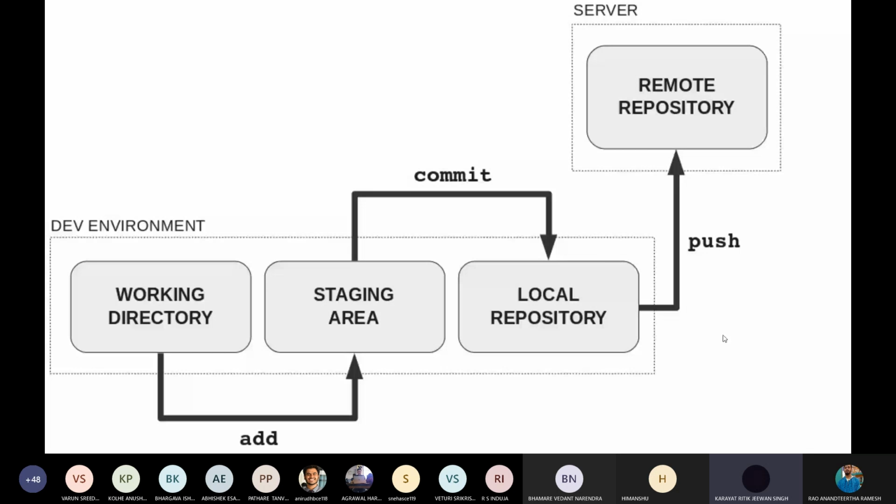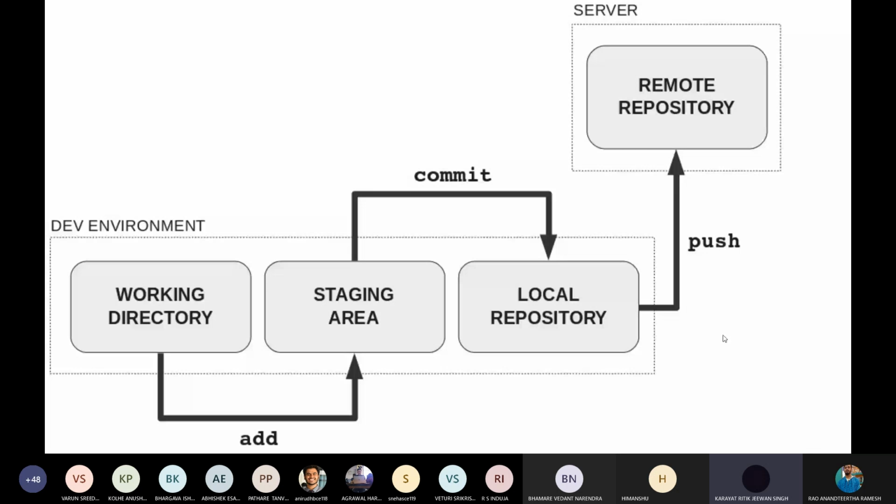And now you can commit these files along with a message, like I've added a login page or something like that. What commit basically does is that it takes a snapshot of the current state of the project and then freezes those changes to make them permanent, and it turns it into a local repository. And then you can push the local repository onto GitHub using the git push command. So add, commit, and push.